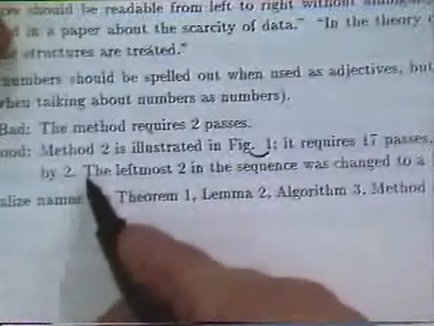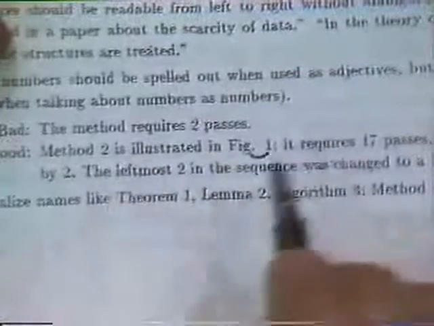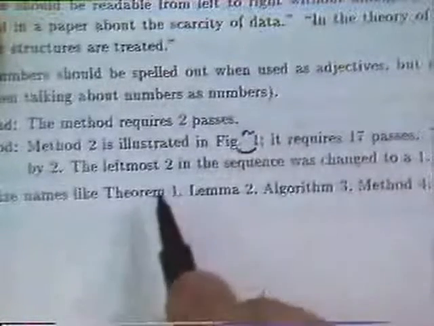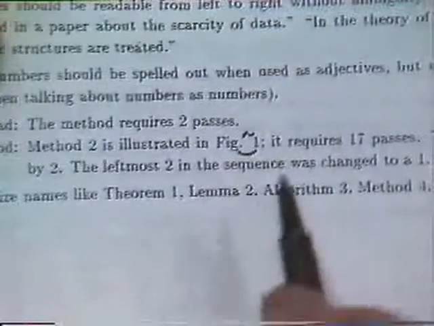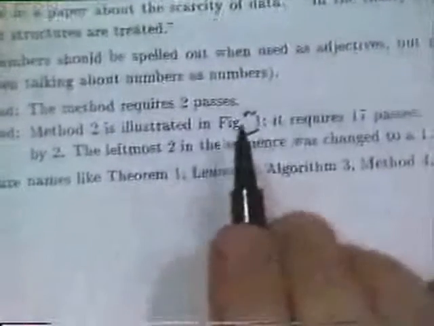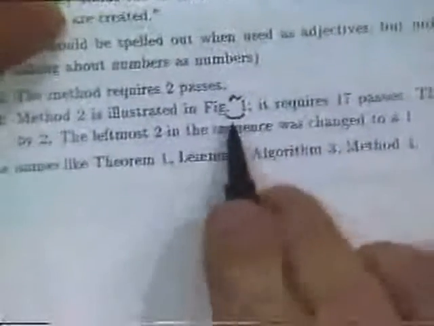TeX looks for a period and puts a little extra space at the end of a sentence, and the typist should put a little tilde, a little tie in there to tie the thing together, so that that doesn't happen, and it wouldn't break a line after this period either.